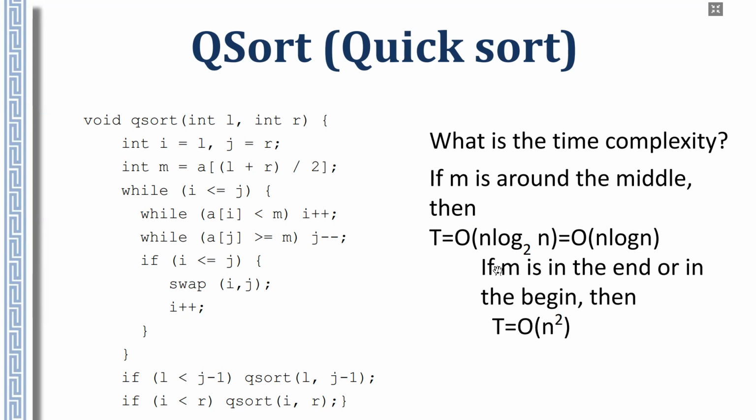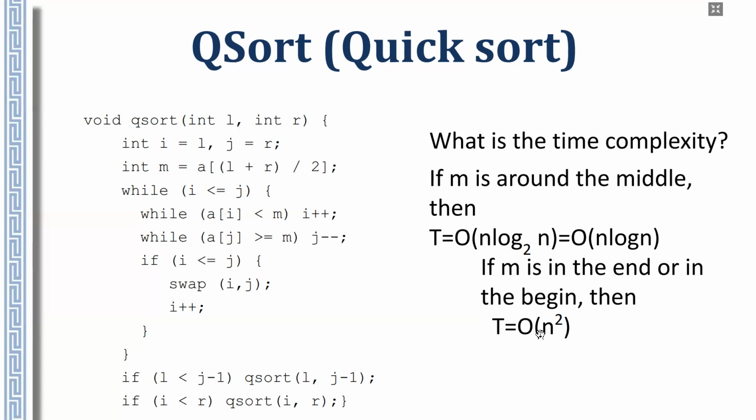But what happens if m is not in the middle, but at the end or the beginning of the array? It means that we don't invoke this part, and we have only this part with size n minus 1, then n minus 2, then n minus 3, n minus 4, and so on, and we sum it, and it is exactly the complexity that we had for bubble sort.